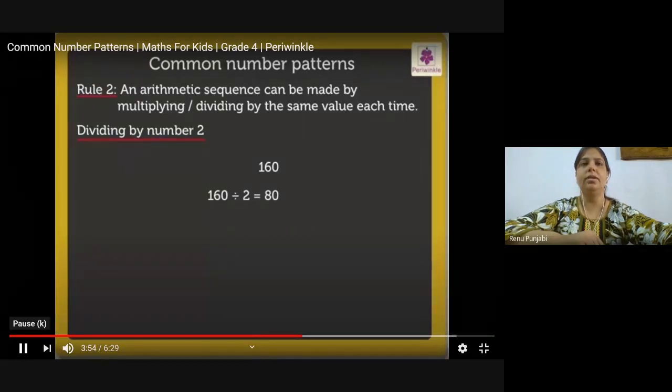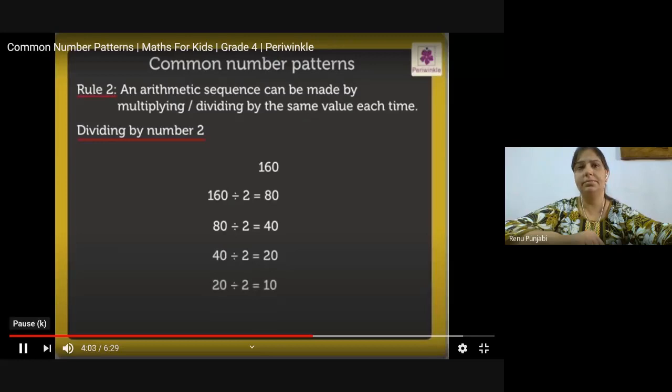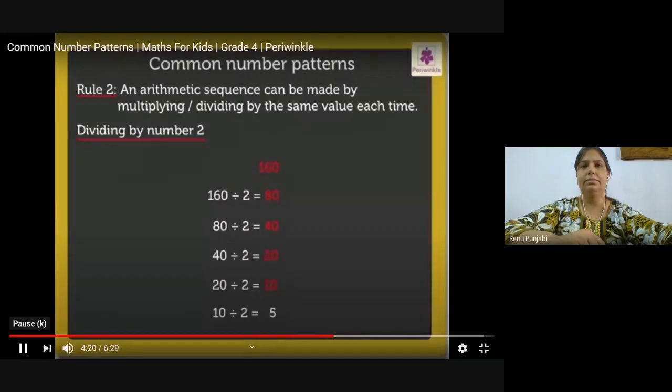Now, on dividing 80 by 2, we get 40. Similarly, the pattern is continued by dividing the last number by 2 each time. So the sequence obtained here is 160, 80, 40, 20, 10 and 5.